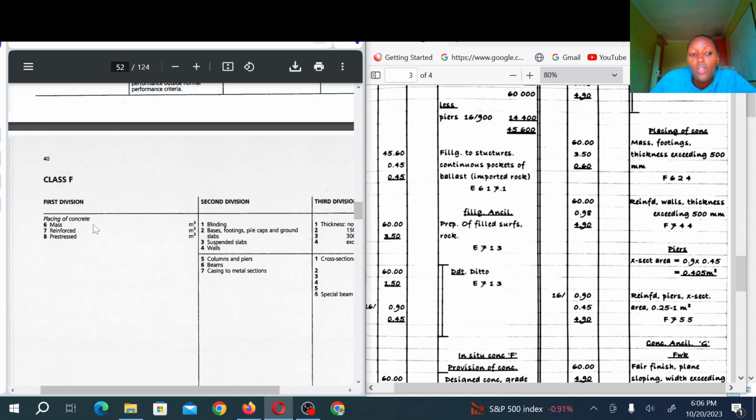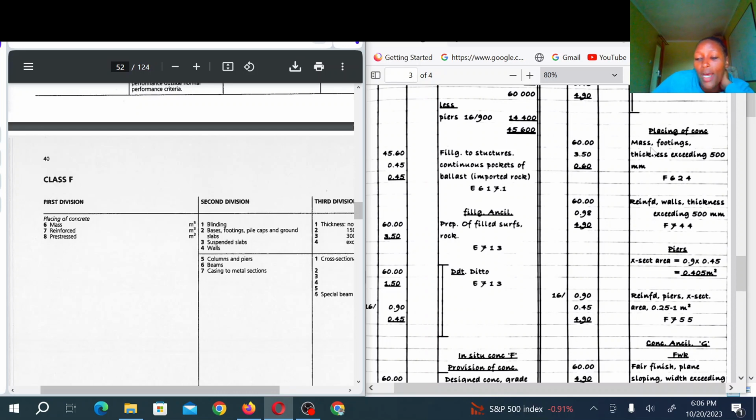Alright, so once we are placing the mass concrete, it should be in meters cubed. So we shall take the length 60, the width 3.5, the depth 0.6, mass footings, thickness exceeding 500 millimeters.